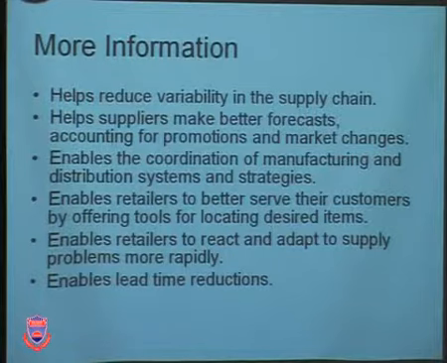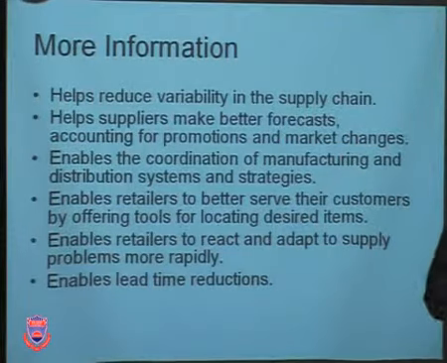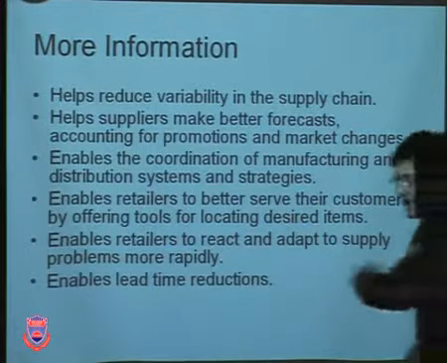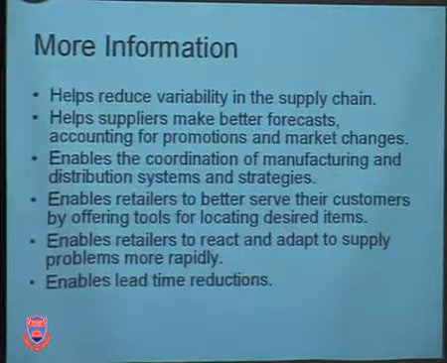So these are all the benefits, as you can see. And for example, it enables lead time reductions. If I have information, then I can find where the problem is and I can reduce my lead time, and so on and so forth. So all these things are enabled if you have correct information.